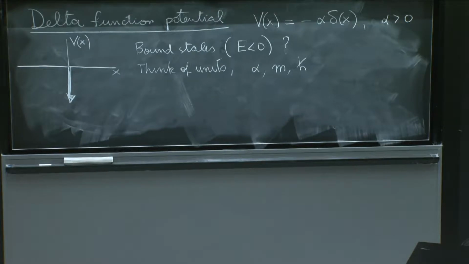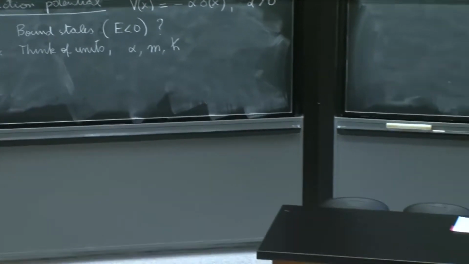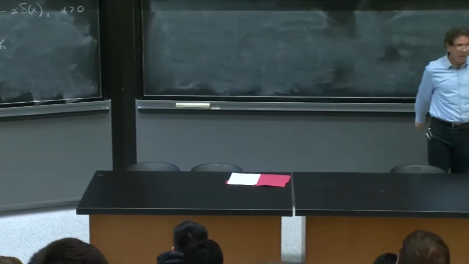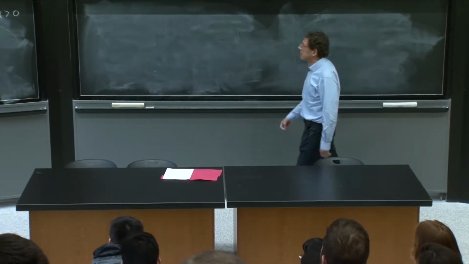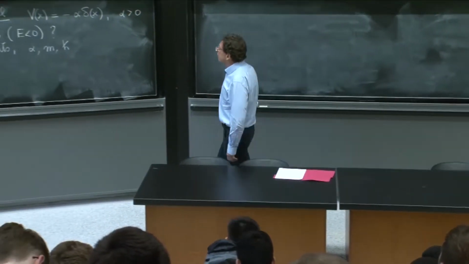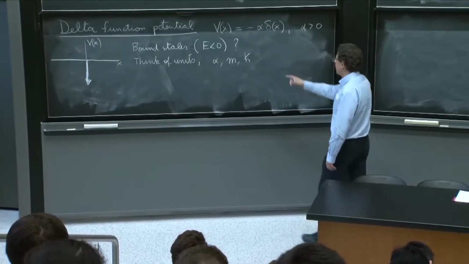If there's only one way to construct a quantity with units of energy, then the energy of a bound state will be proportional to that quantity, because that's the only quantity that can carry the units. And here, indeed, there's only one way to construct a quantity with units of energy from these three.